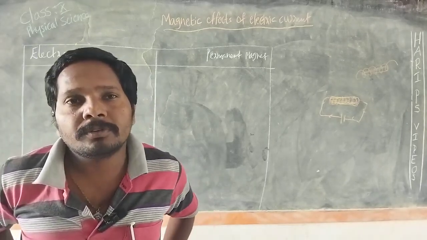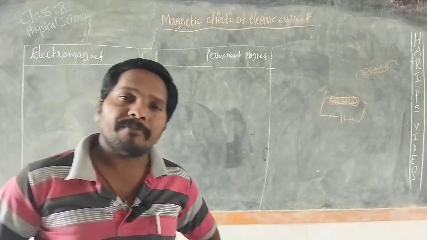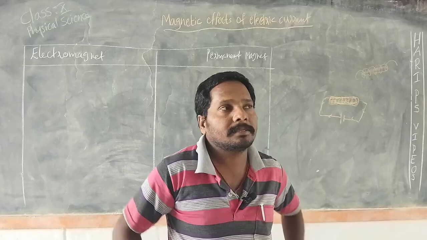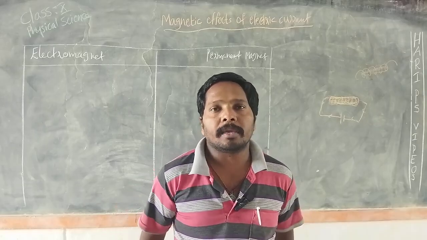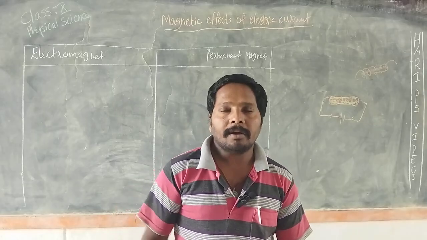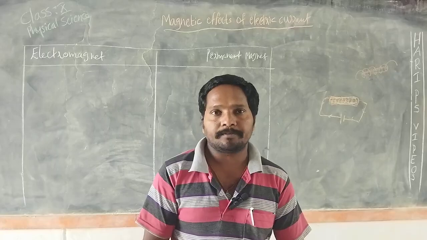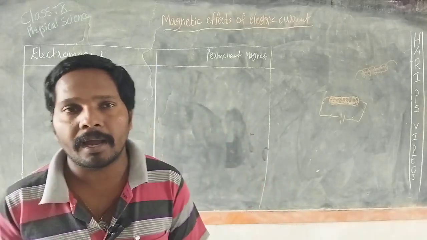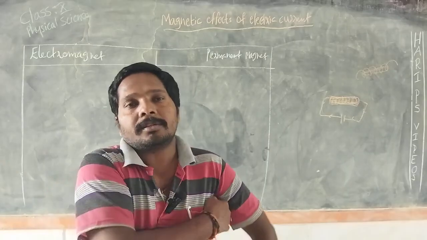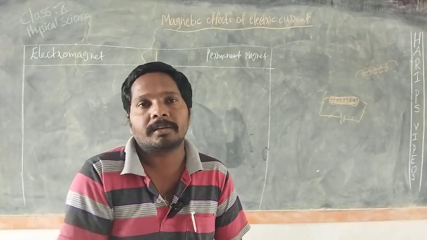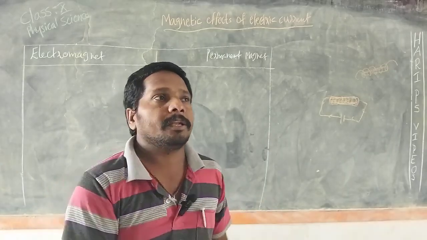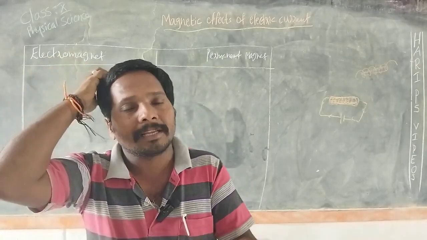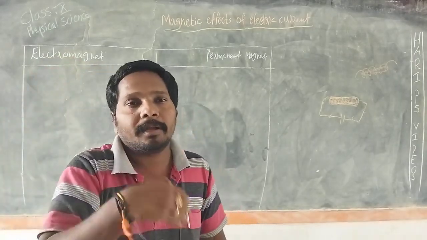So why should we use soft iron only for making electromagnets? What will happen if we take other metals? When we use soft iron, after stopping the flow of electric current, it immediately loses its magnetism.